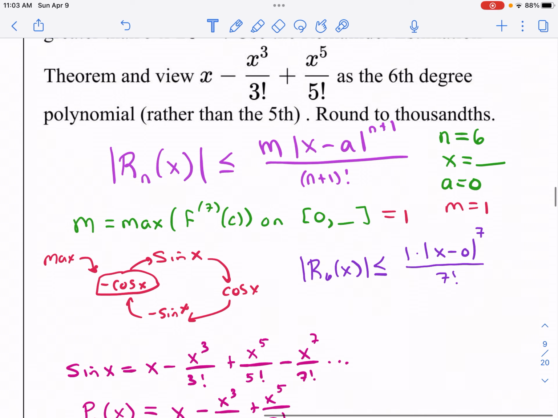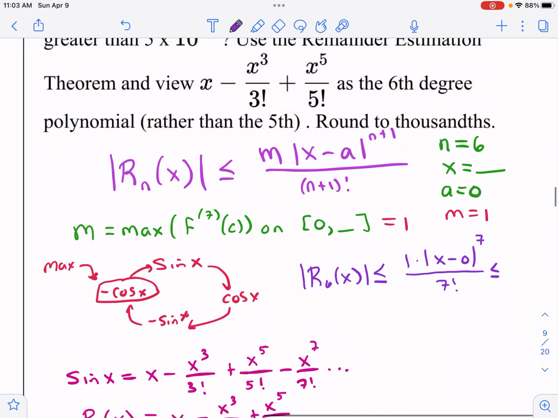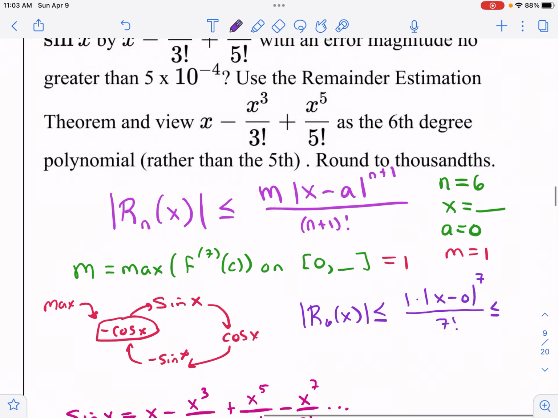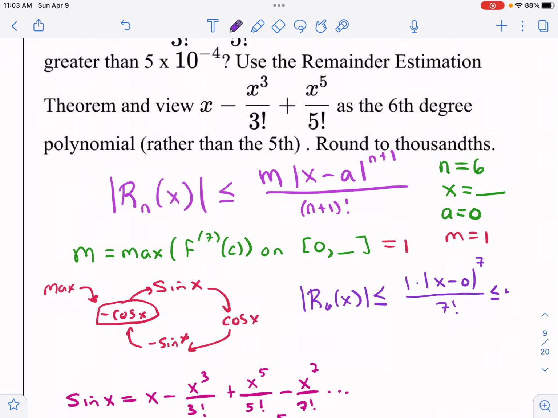And we want that error to be less than or equal to 5 times 10 to the negative 4.